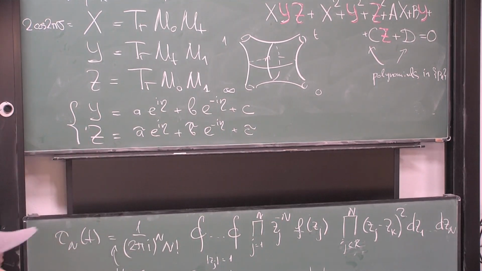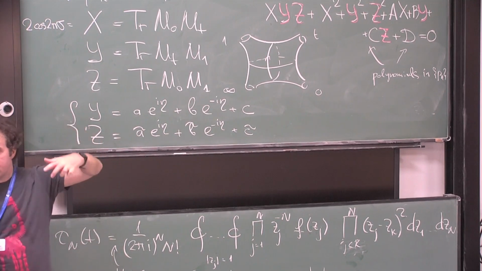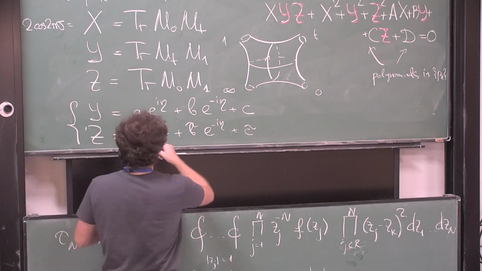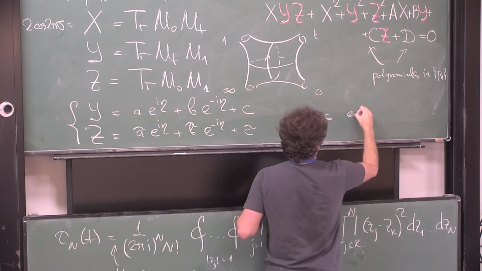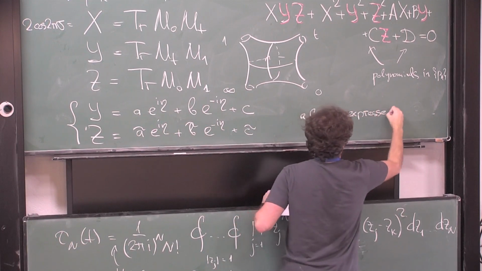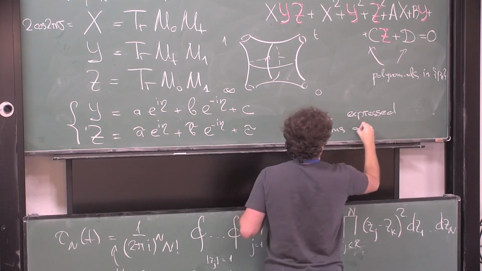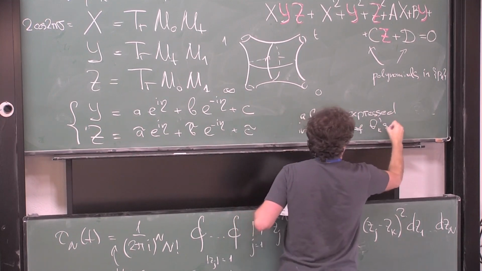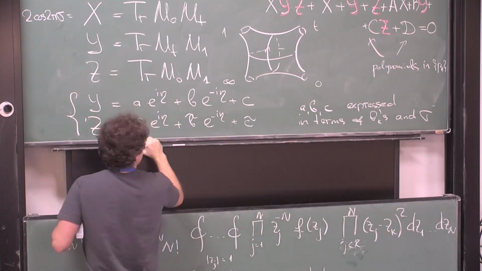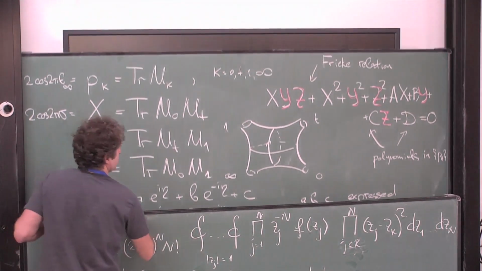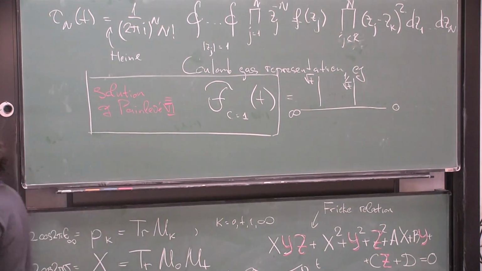So the a, b, and c here are related to thetas and sigma. And so this eta is a new coordinate which was missing, right?